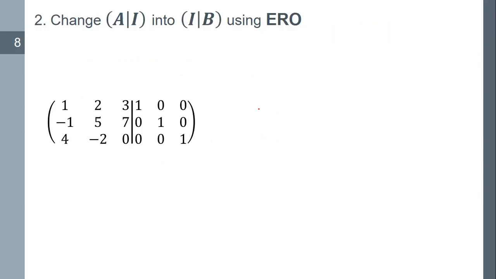Then after that you want to change your augmented matrix [A | I] into [I | B]. That means your left hand side must become the identity, using the combination of the three EROs just now.